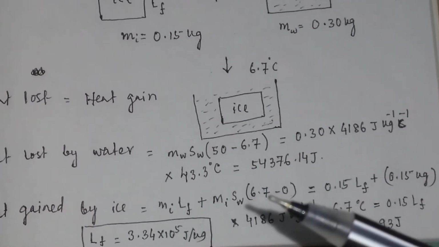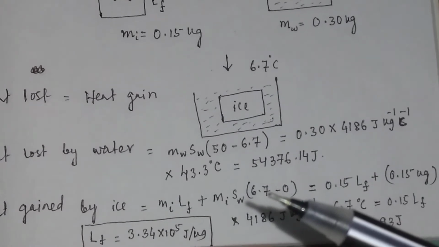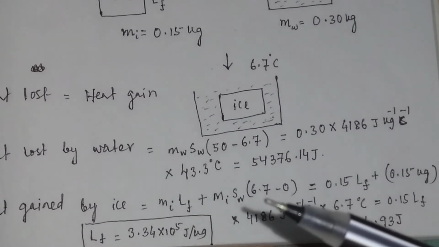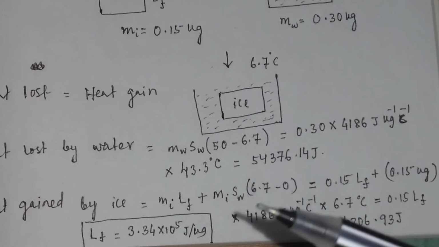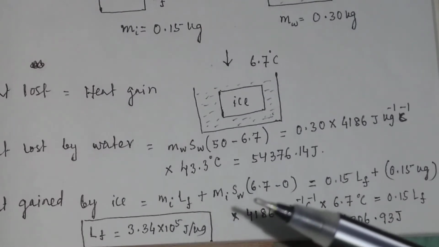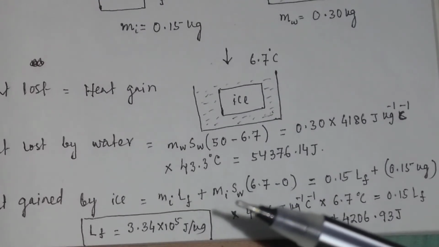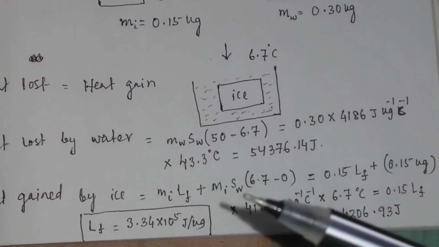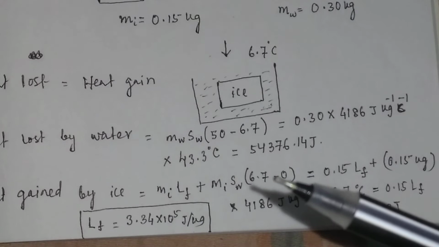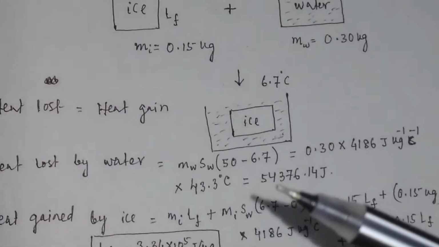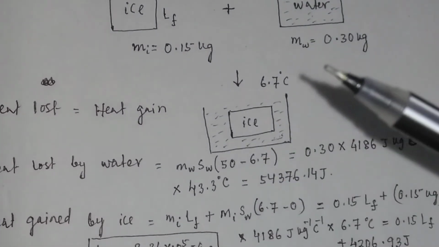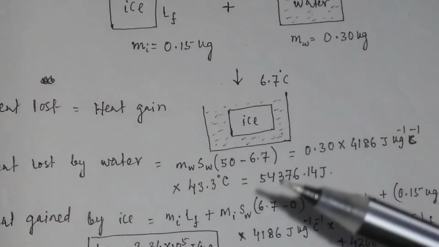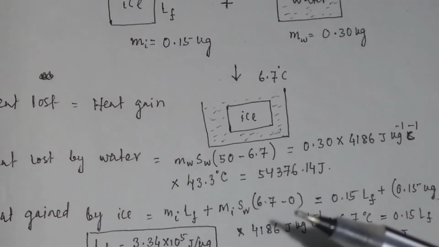During the change of temperature from 0 degree centigrade water to 6.7 degree centigrade water, you use the formula m s (theta 2 minus theta 1). Here m_i is the mass of ice and s_w is the specific heat of water, and theta 2 is your 6.7, the temperature of the mixture, and theta 1 is equal to 0.